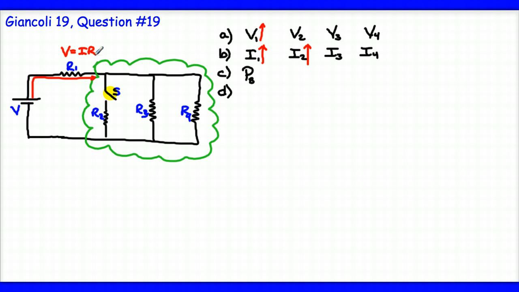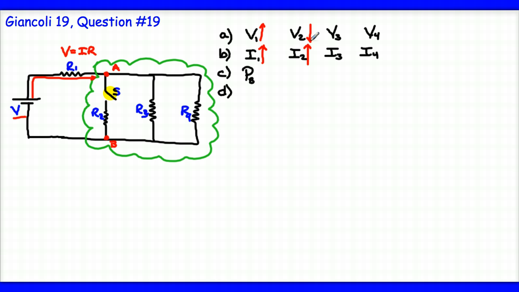Because I'm dropping more voltage across resistor R1 now, and my battery voltage does not change, between these nodes, which I'll call A and B, the voltage drop across the parallel network goes down. The loop law shows that more voltage is now dropped across R1, therefore less voltage dropped across R2.